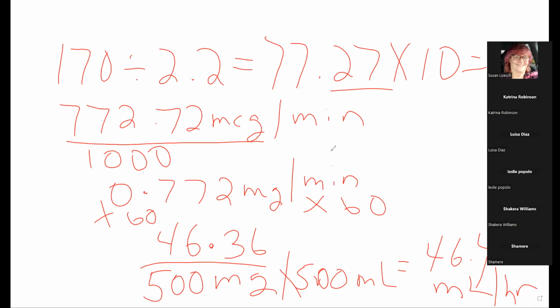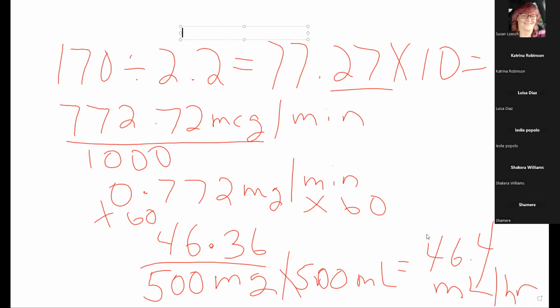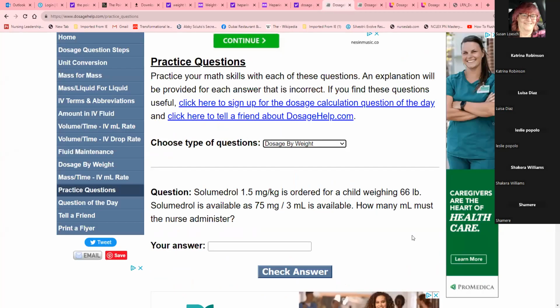Okay, let's just start with the simple weight-based one here. Can you see the screen? It's still on the whiteboard. Can you see the screen?